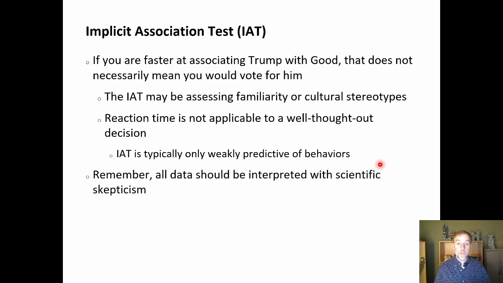There are other uses of the implicit association test that are not controversial at all. There was a sport management researcher here in kinesiology and sport management in the past, and he used this test to look at your unconscious bias or your preferences for snacks at a sporting event. So you would still do the same sort of task, and maybe it says, oh, you prefer hamburgers over hot dogs.